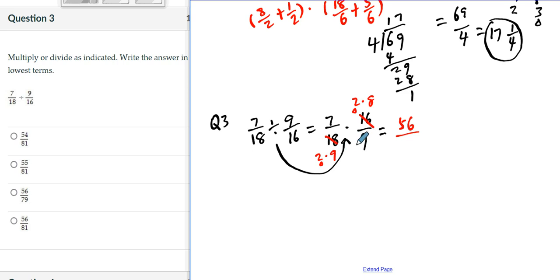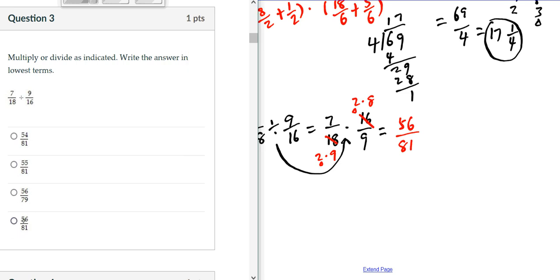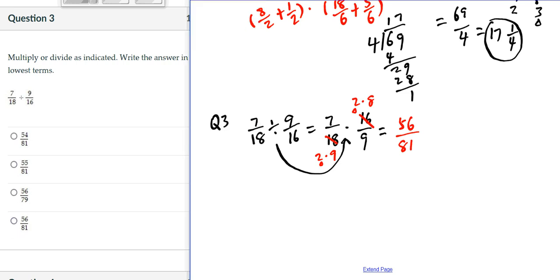Downstairs 9 times 9, 81. Which one is that? You see, 56 over 81 is the last one. So apparently, the last one is your choice.